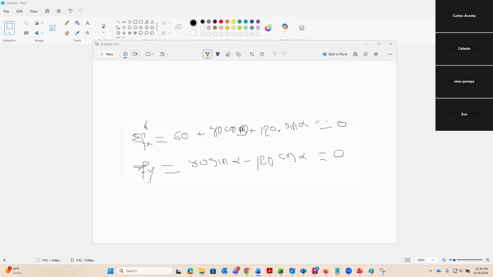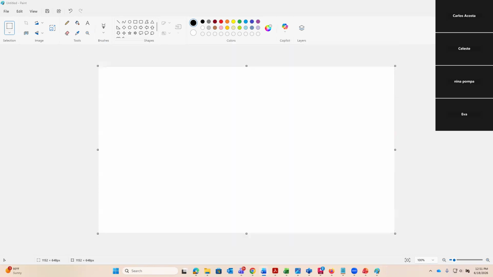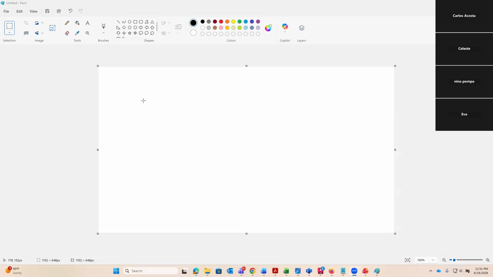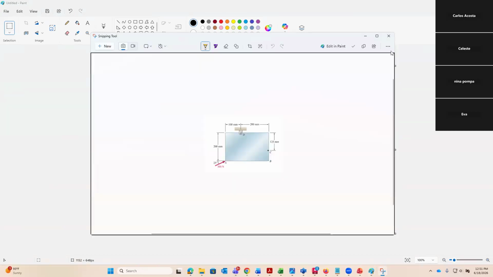I think this one should be pretty good. Let me take a screenshot of the image. All right, yeah, I found it. This one should be good enough. This one only has one force, but it is good enough.